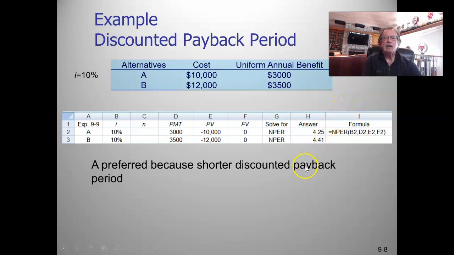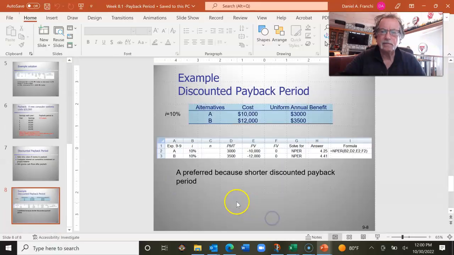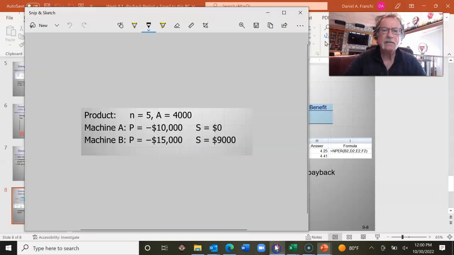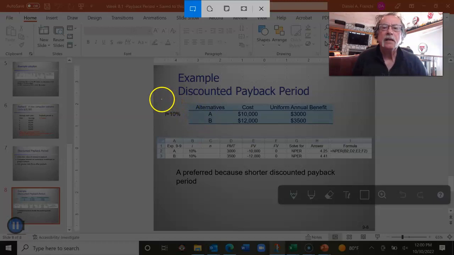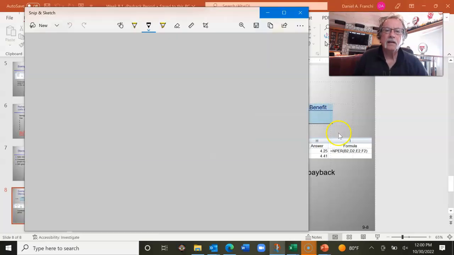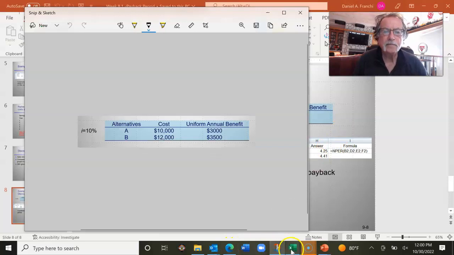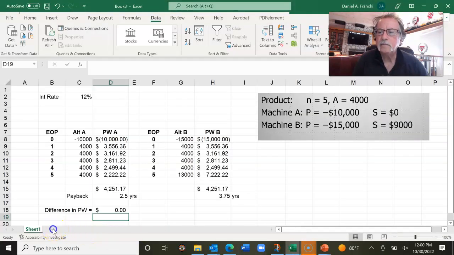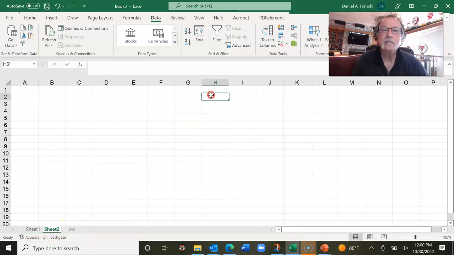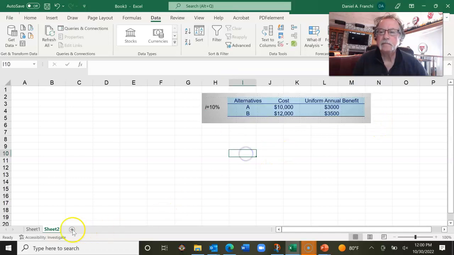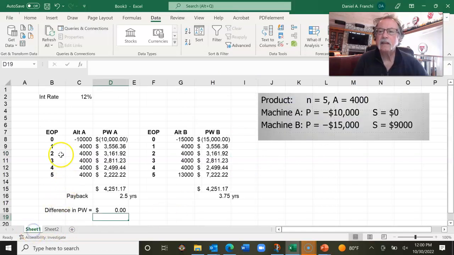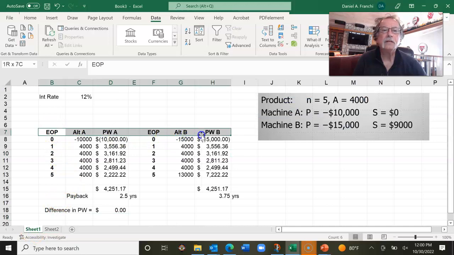So if we have these two cash flows, let me take this out to another example. I think I can use the same headings here.